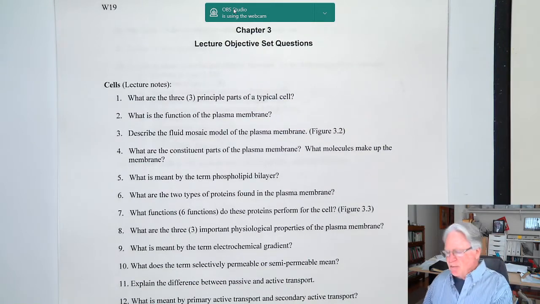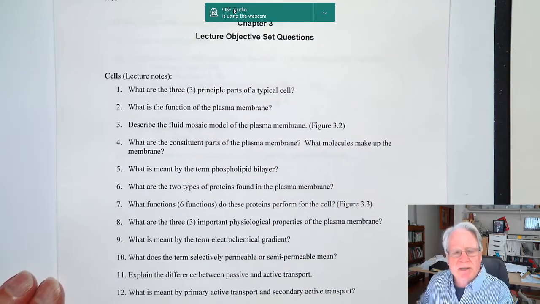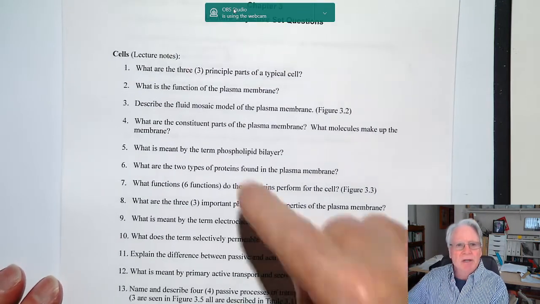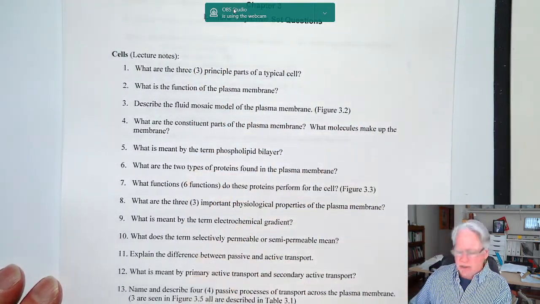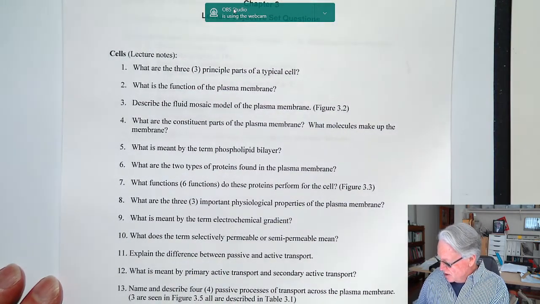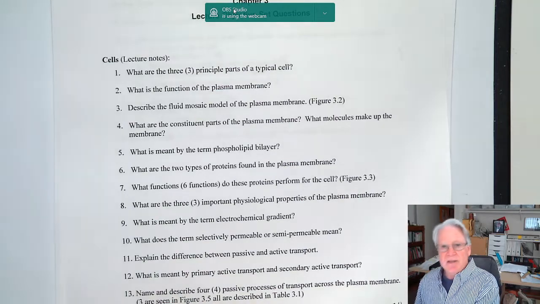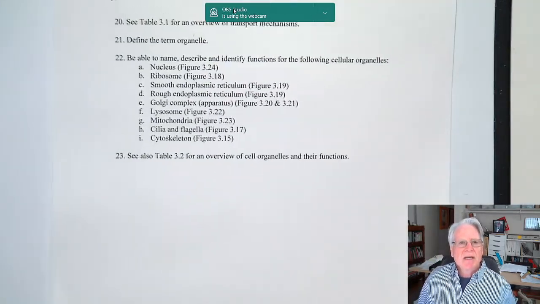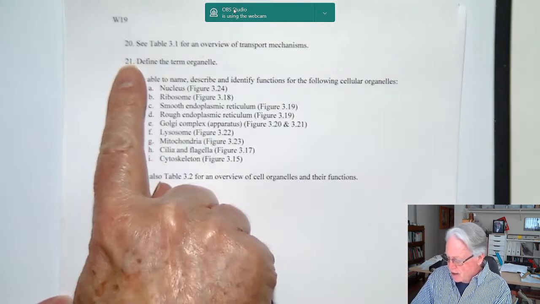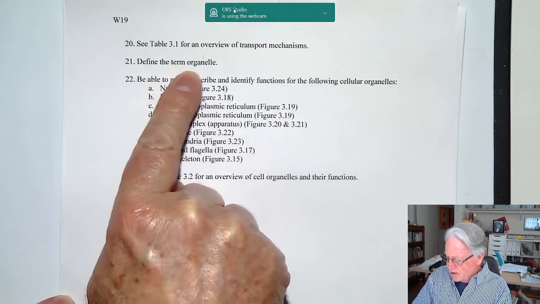So I think what's going to happen in today's lecture is I'm going to go through and cover these questions that you see listed here. They continue on into the next page. If I can get this done, I'm going to stop right here with define the term organelle.